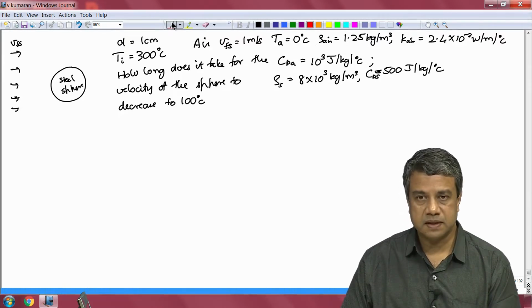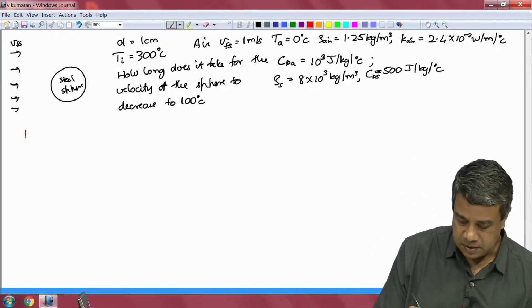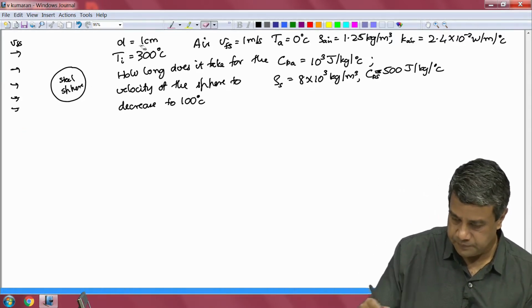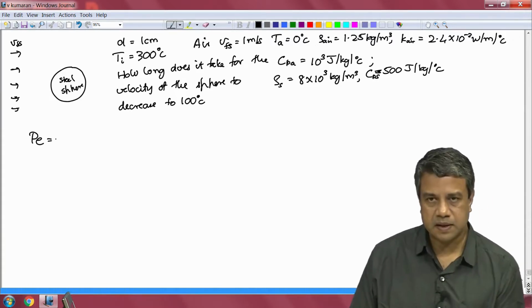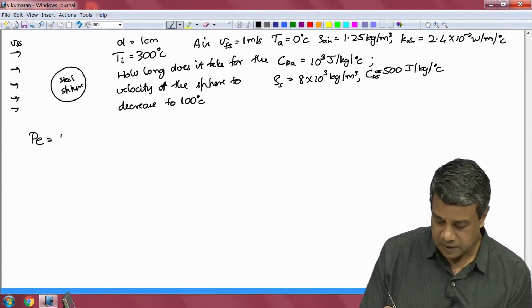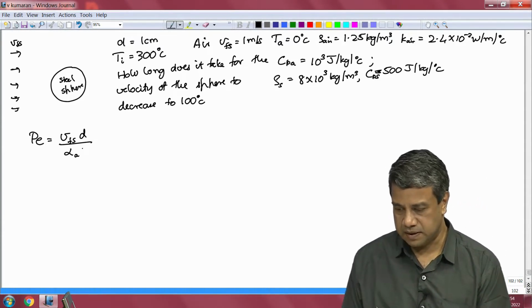First thing, we have to see whether this is in the low Peclet number or the high Peclet number regime. The Peclet number, you recall, is equal to the free stream velocity times the diameter by alpha. In this case, it is the thermal diffusivity of air.